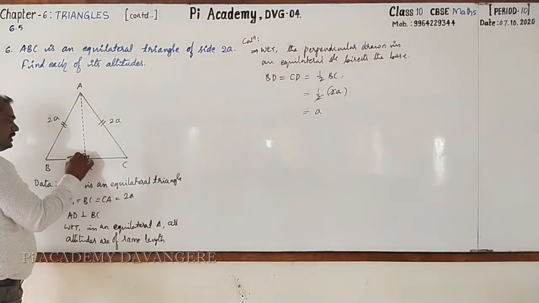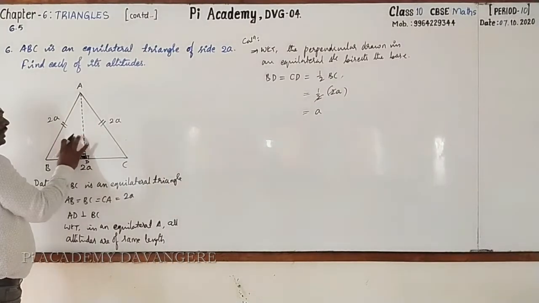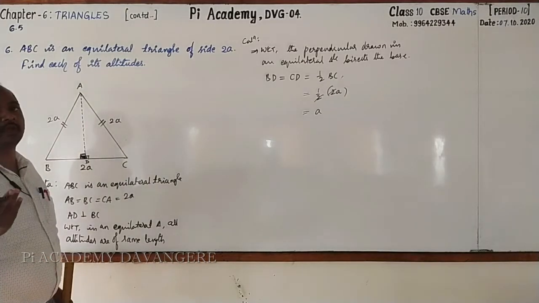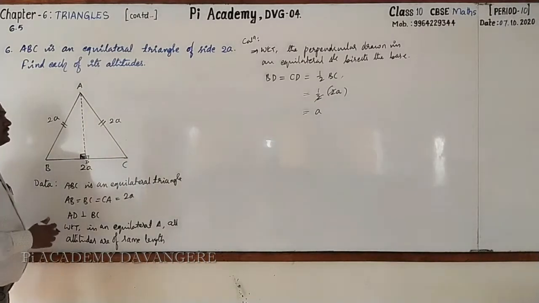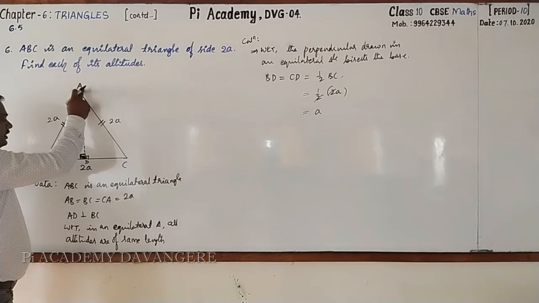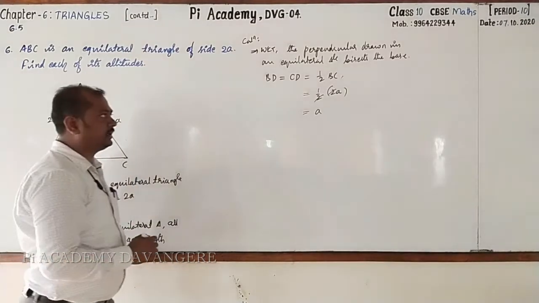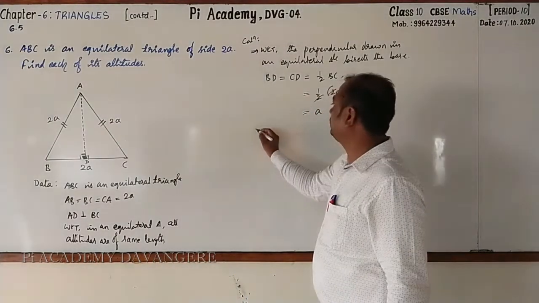Therefore, a right angle is formed. As it is a right angle, this triangle becomes a right angled triangle. If it is a right angled triangle, we can use the Pythagoras theorem. You may take either triangle ADB or ADC. Any one can be taken.